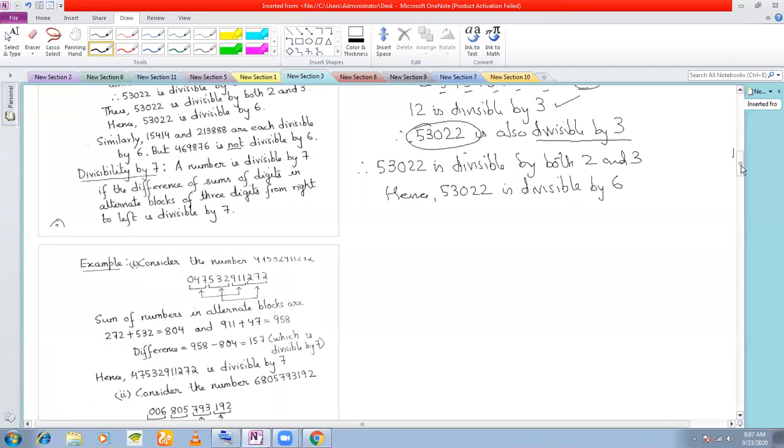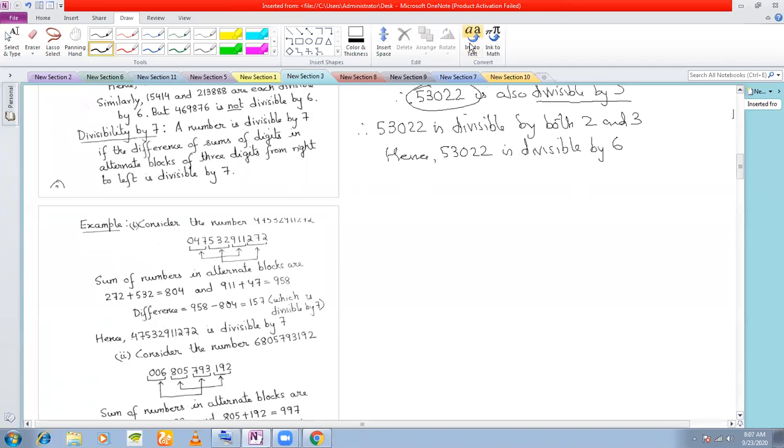Now in divisibility test for 7, we see this with the help of an example.